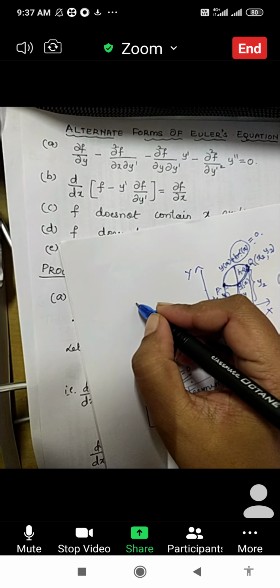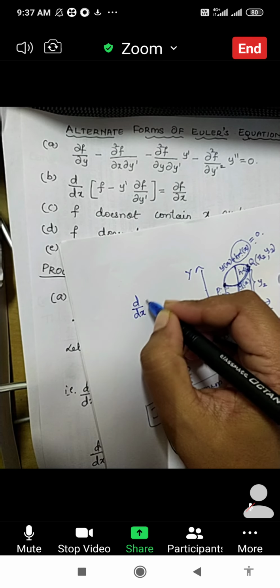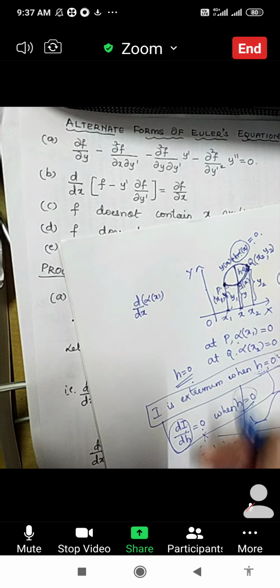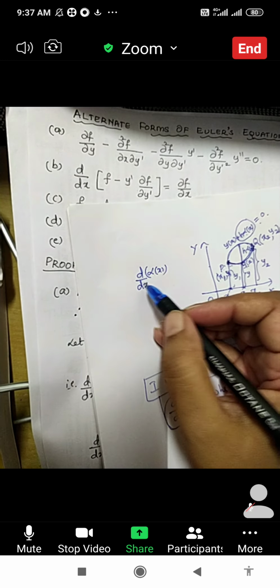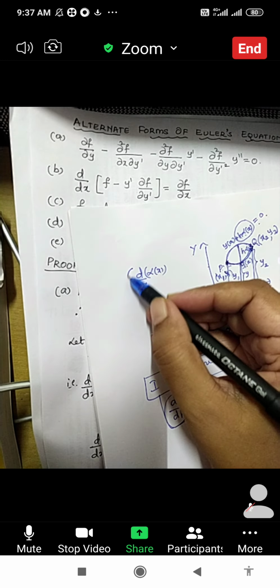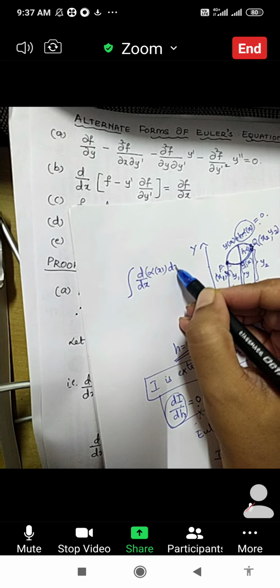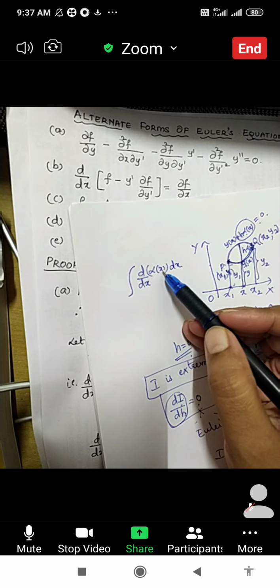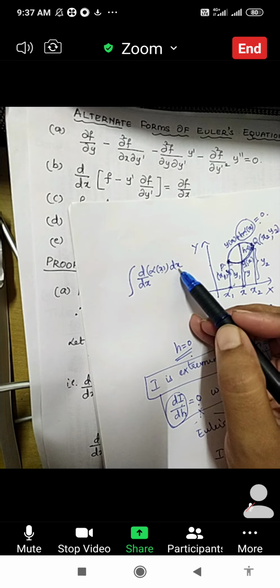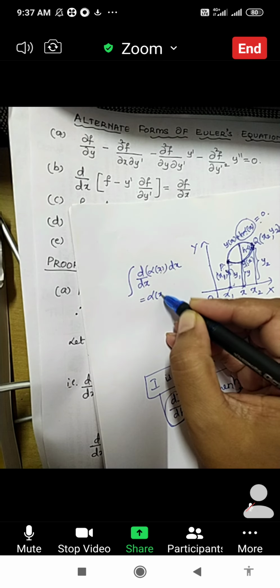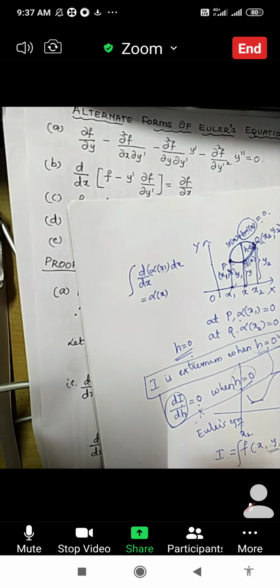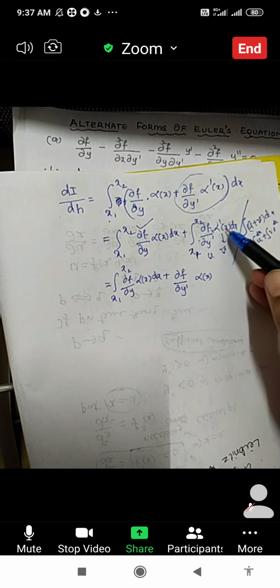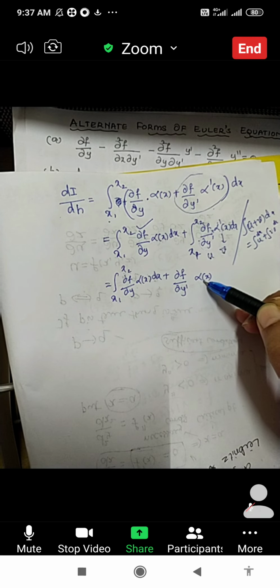See, alpha dash means, isn't it, d by dx of alpha of x. Am I correct? Alpha dash is the derivative of alpha of x with respect to x. So this you are integrating again with respect to x. So integration of differentiation of a function with respect to the same variable, you will get back the function alpha of x. Correct? Likewise, the same thing if you apply, integration of alpha dash is alpha of x.